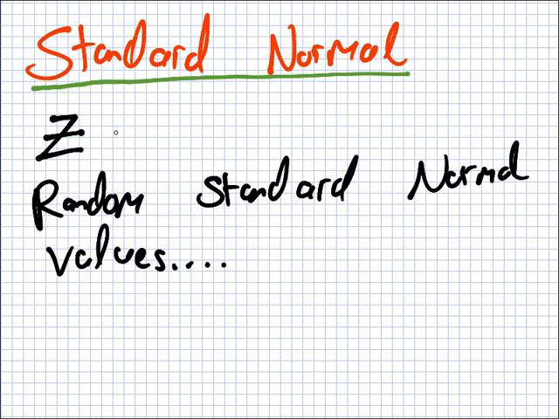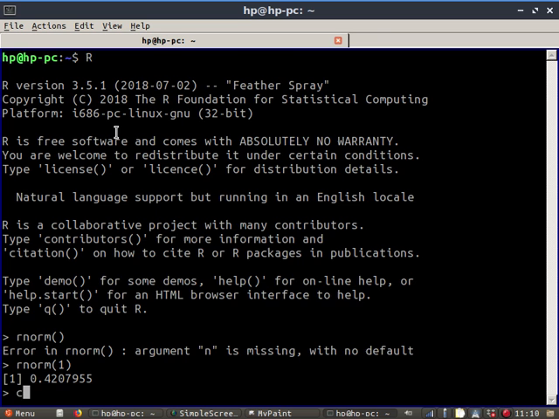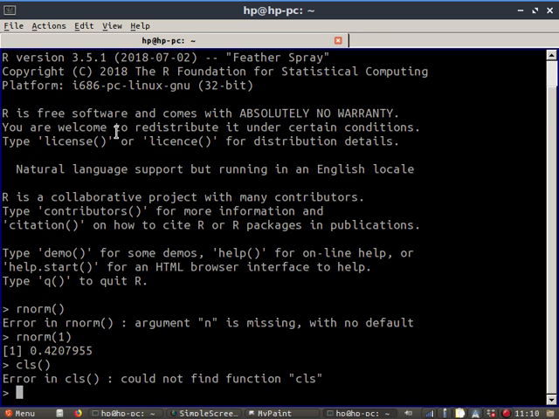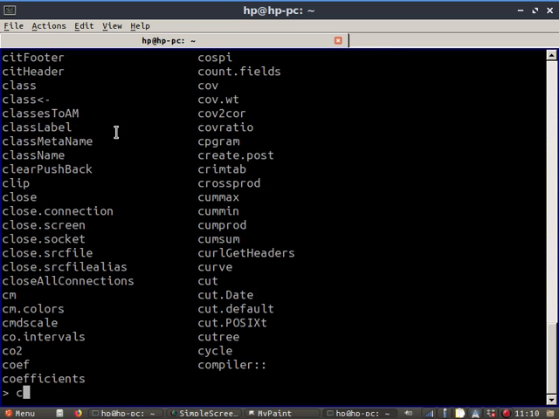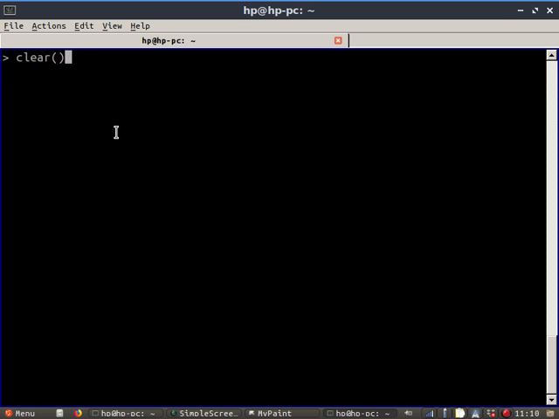Let's have a look at some of them here. Let me just clear this. How do you clear the screen? I forget. Oh, there we go. Here are 10 standard normal random values.